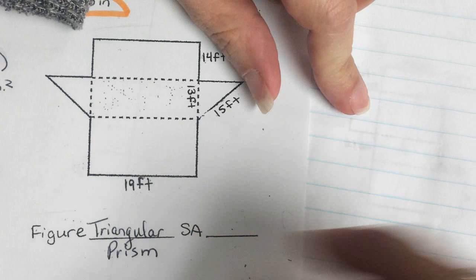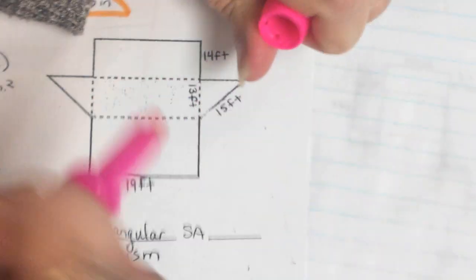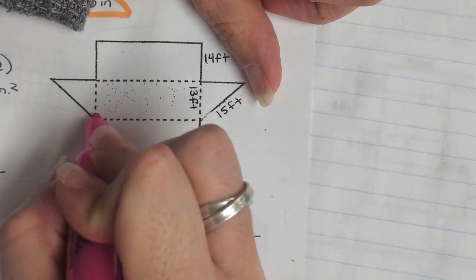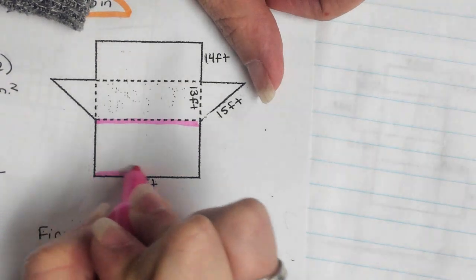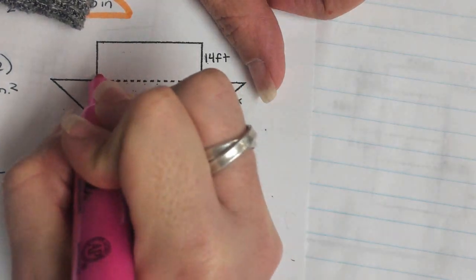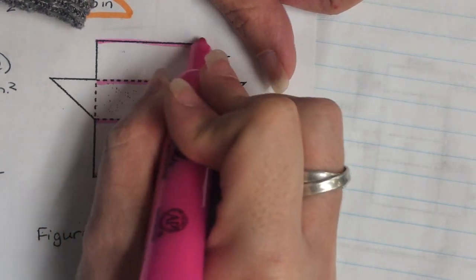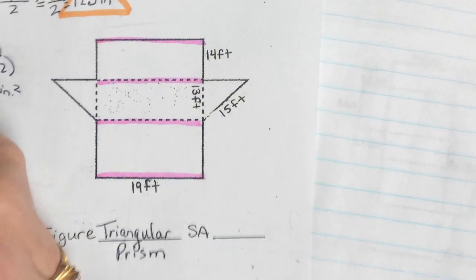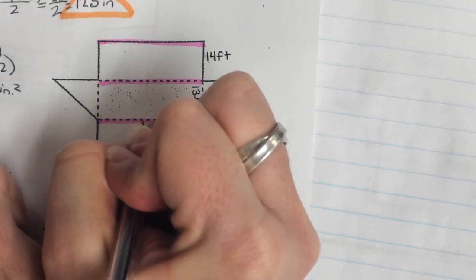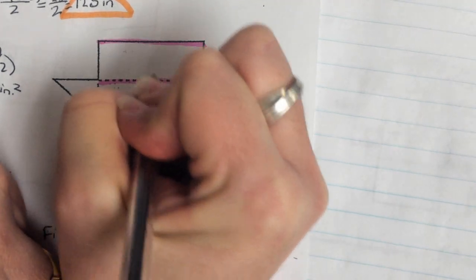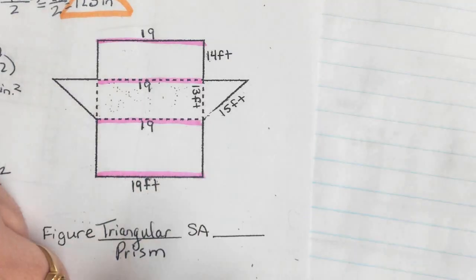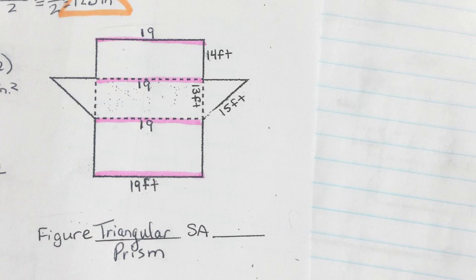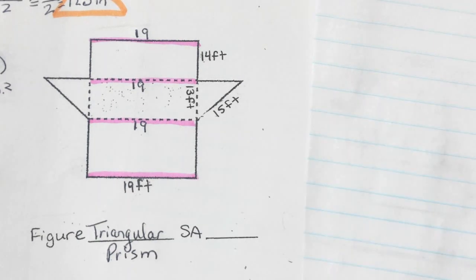Now, does everybody see how I'm getting that number based on 19? Does everybody see that one? Just bringing the 19 up. Now, I'm going to do just one chunk at a time. I don't know how else to do this.